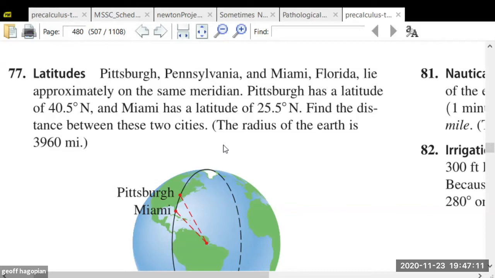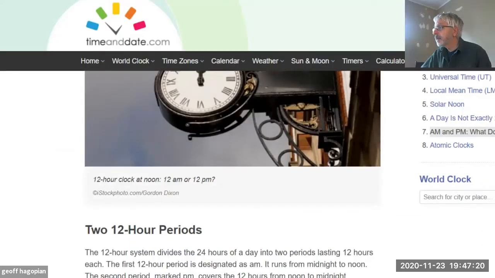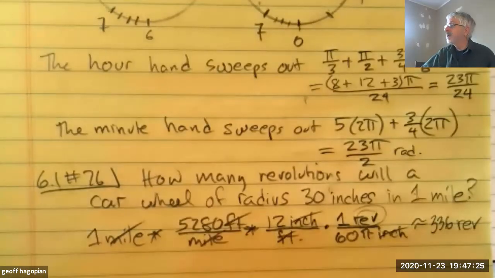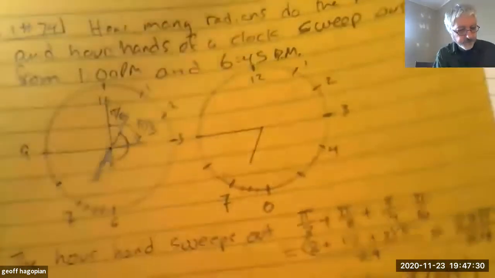So, well, let's see, what's the degree measure difference there, right? So let's draw a circle. I guess we need a new sheet. Here is a circle. Let's say this is the meridian. I think this is number 77.